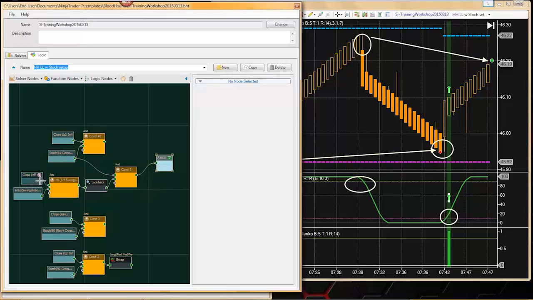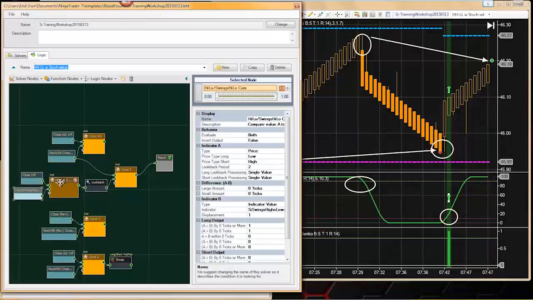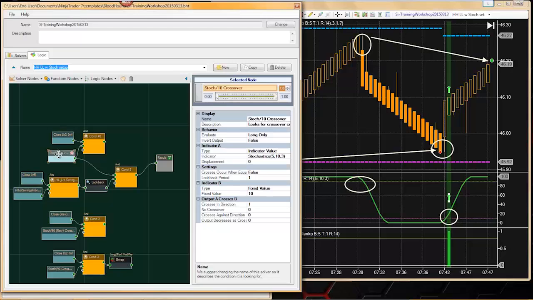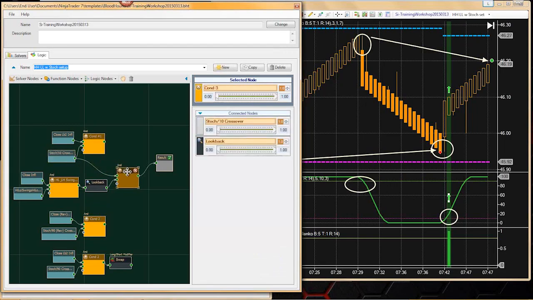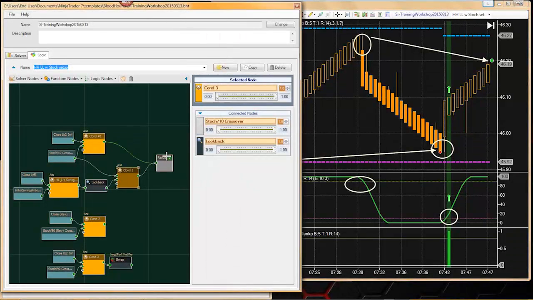Right, so it took 2 solvers to build the higher low condition, and then we're using the stochastic crossover solver that we already had for condition 1, and that is what built condition 3. All right, so let's see the next step.